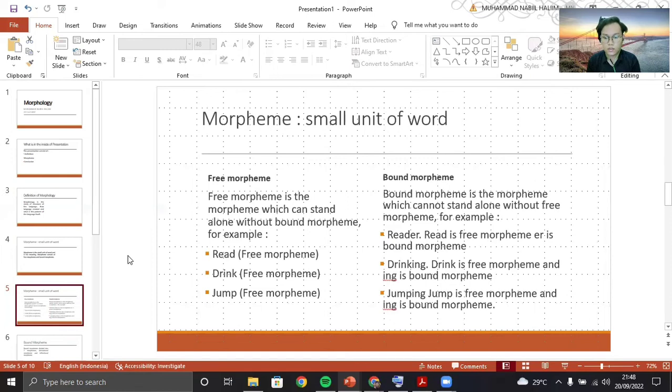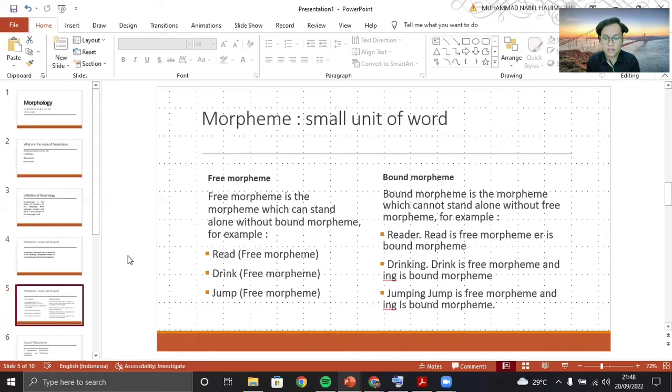And then let's move to drinking. Drink is a free morpheme and ing is the bound morpheme. So drink itself is the free morpheme, which stands alone. And then ing is the bound morpheme.